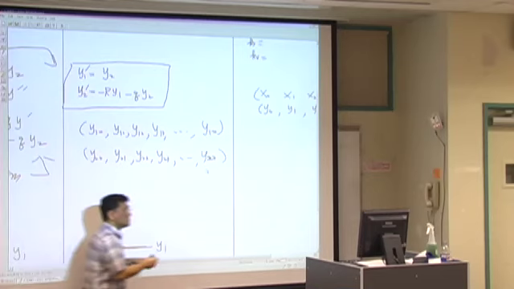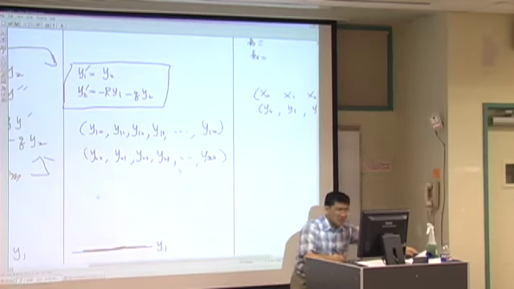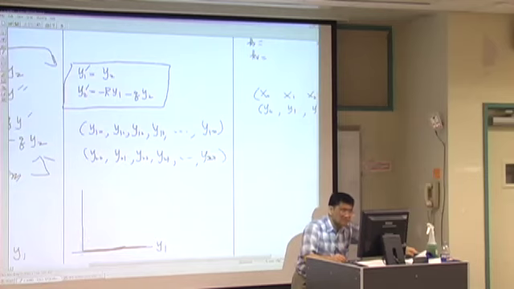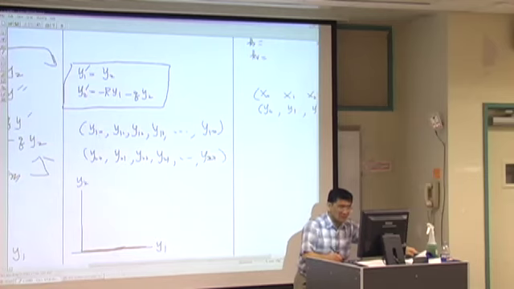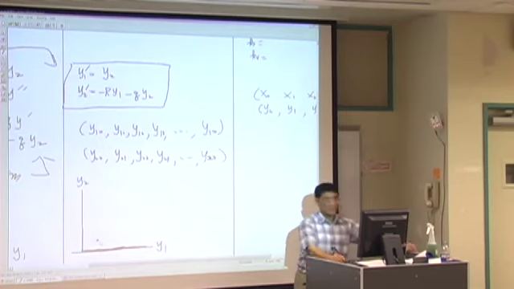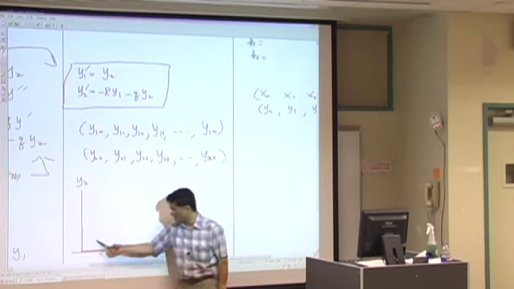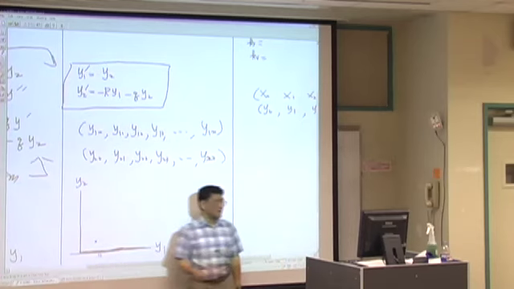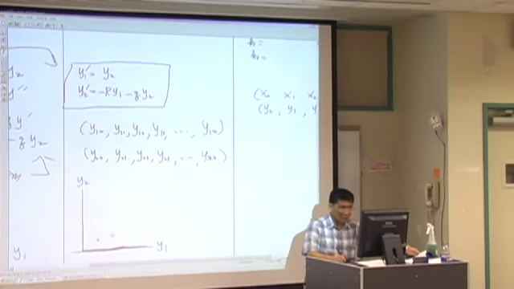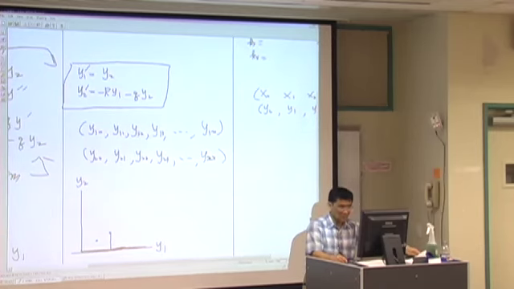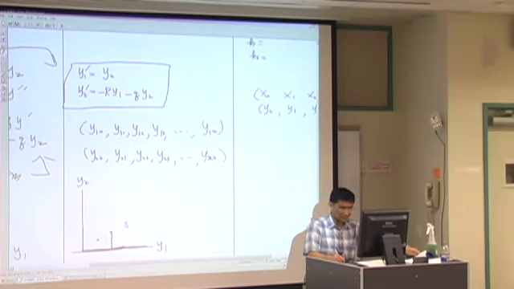So it's like this: y1 axis, y2 axis, right? Then y10, y20 is determined. This is y10, y20. And then the next point is y11, y21. And the next point here, then it looks like this.